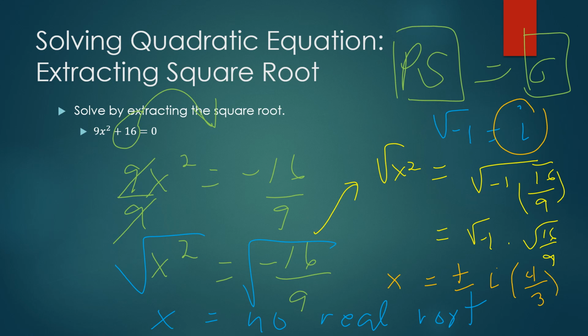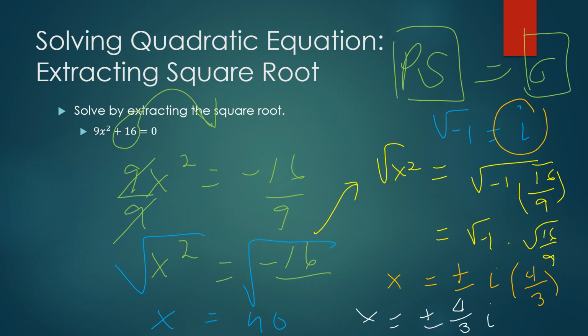Let me write it in a better way. So we'll have x equals positive negative 4 thirds i.